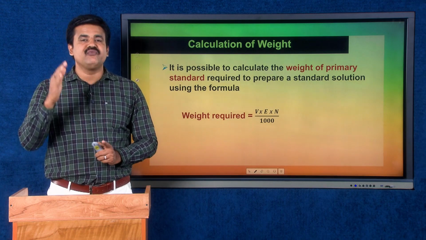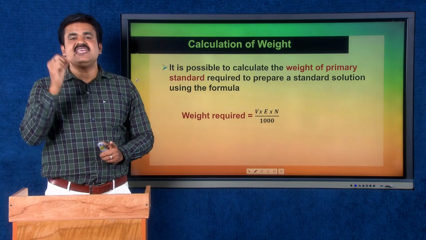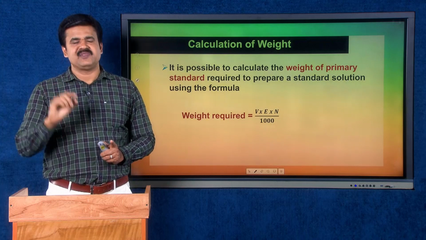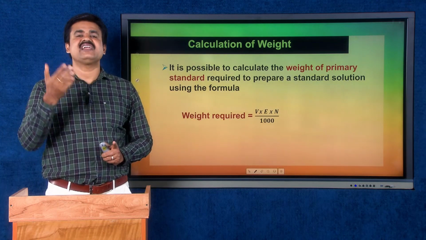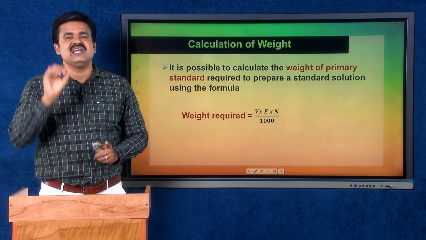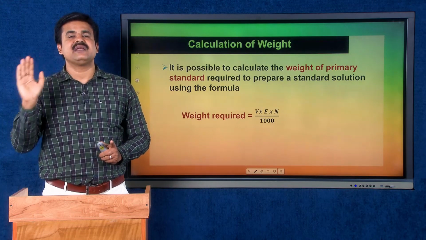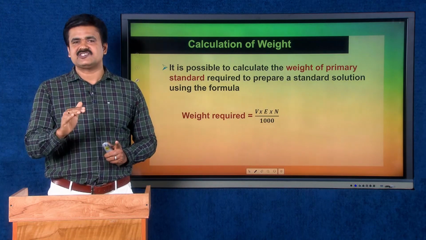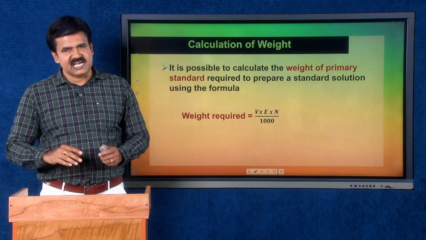Suppose you wish to prepare V ml of N normal solution with a solute having equivalent weight capital E. The weight required will be VEN divided by 1000. So, this is the expression for weight calculation that we use in volumetric analysis.